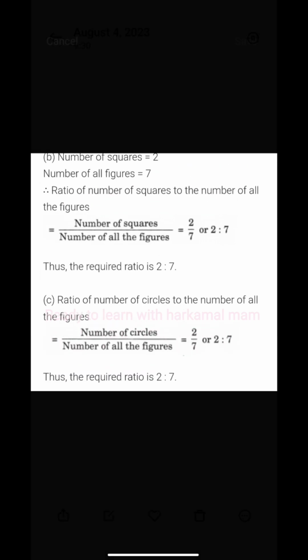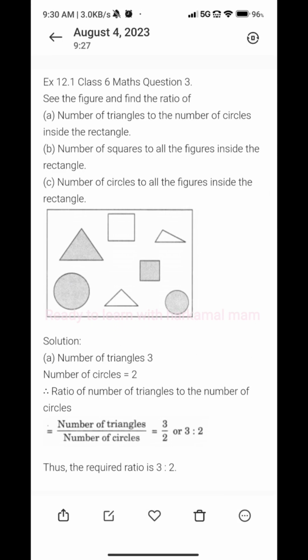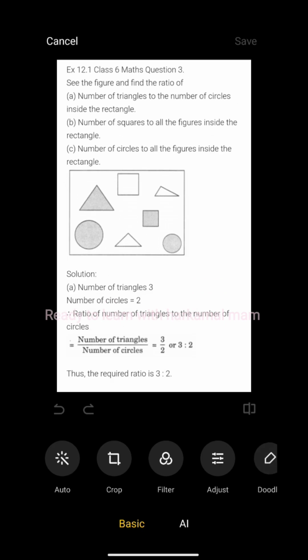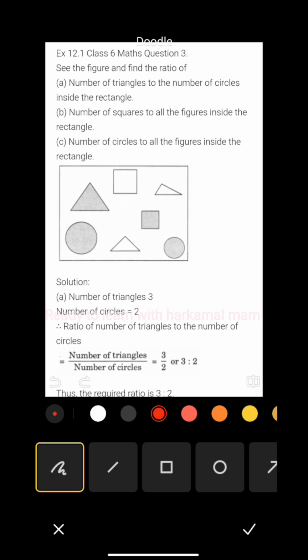So tell me the total number of figures. We have to find firstly the number of squares. How many squares are there? Here it is 1, here it is 2, right? There are 2 squares. And they are asking for the ratio of the number of squares to all figures inside the rectangle.